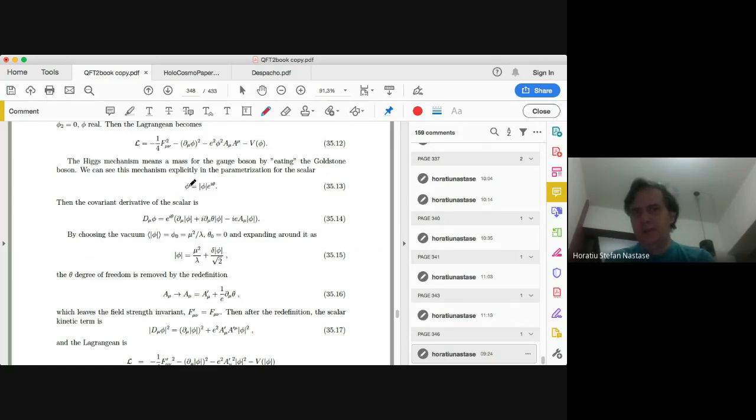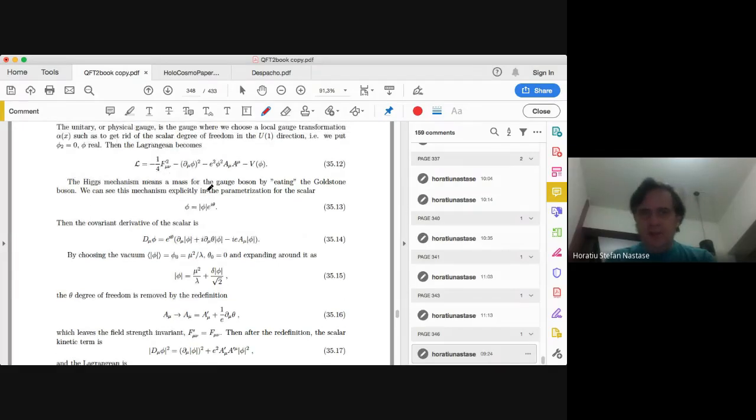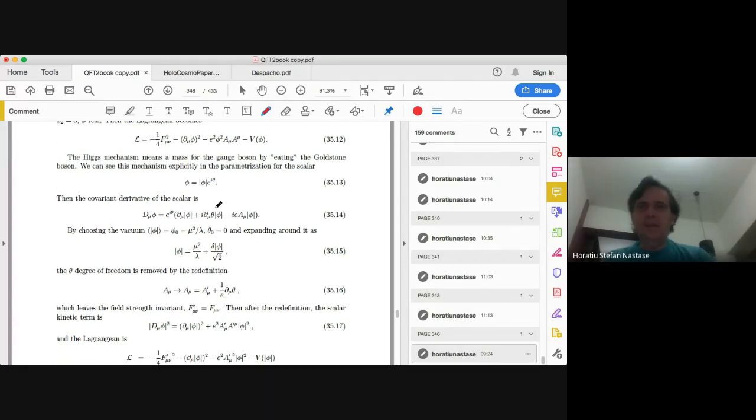So if I write the complex φ as a modulus, which is real and positive, times e^{iθ}, then the covariant derivative of the scalar becomes, well, when I take the derivative, I always have e^{iθ} in front, then times ∂_μ|φ| plus i ∂_μθ |φ| minus i e A_μ |φ|.